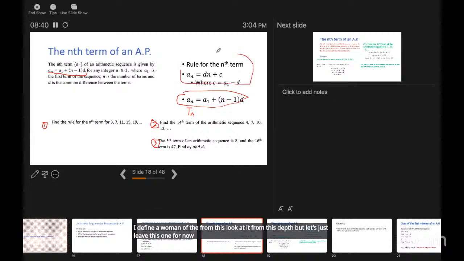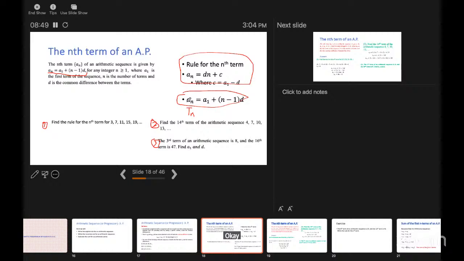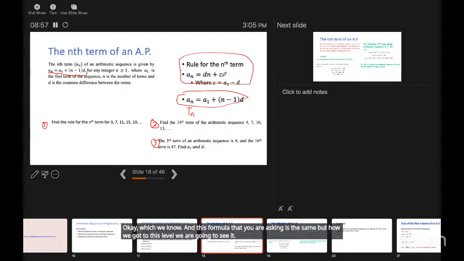You are going to see it in the formula I'm going on with. Let's take our Tn to be this one, which we know. The formula you are asking about is the same, but how we got to this level, we are going to see.